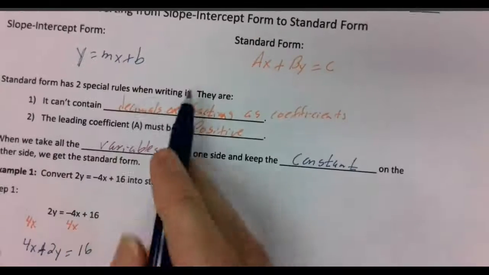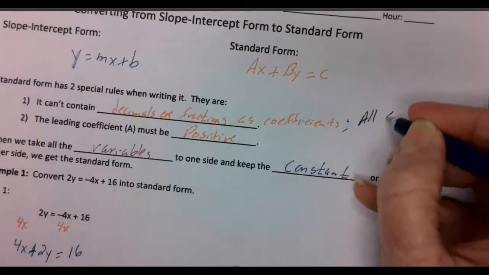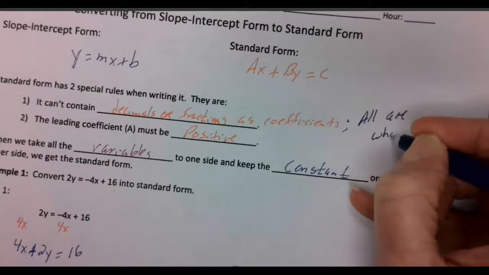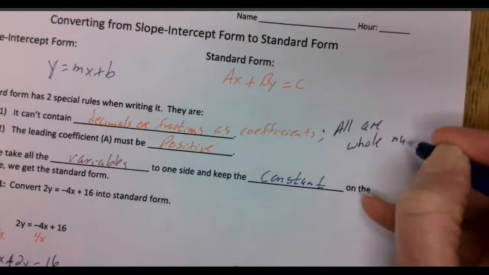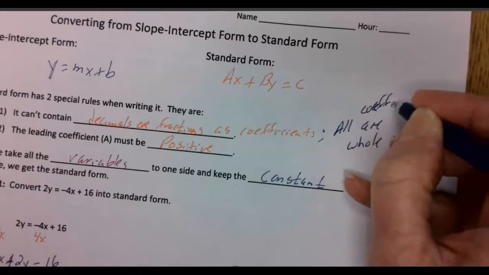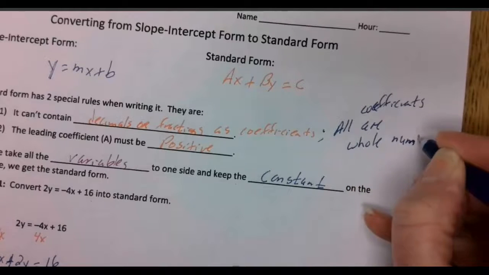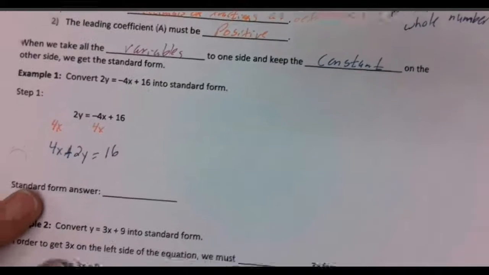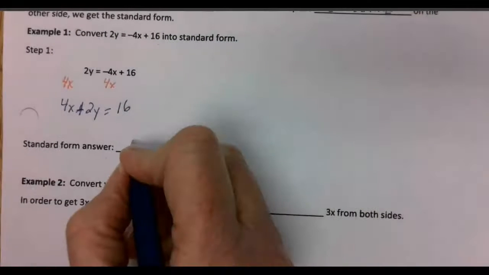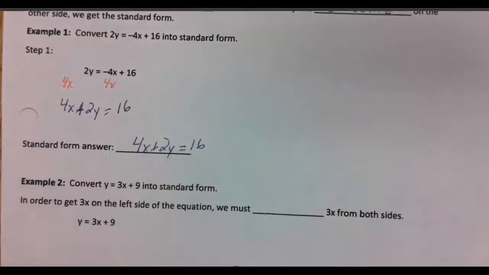So a more positive way to say this is that all coefficients are whole numbers. Okay, so my standard form answer: 4x plus 2y is equal to 16.